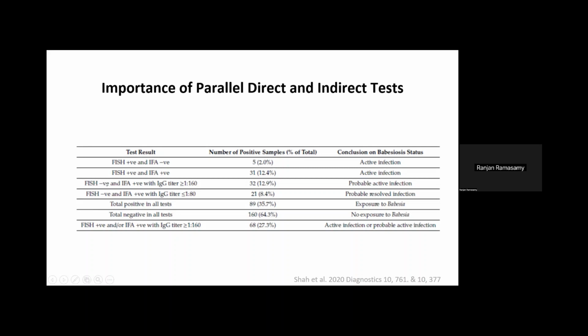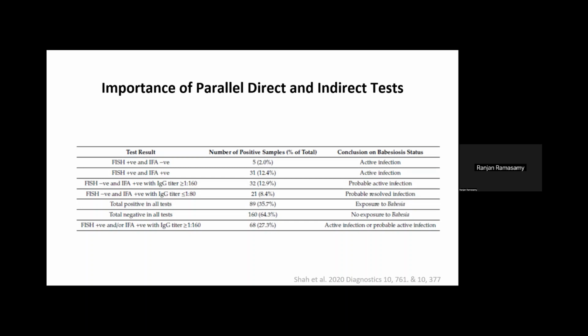FISH negative and IFA positive with a low titer, we would interpret as probable resolved infection, and probable active infection in a high titer situation, even though they are FISH negative, because the parasites are present at very low concentrations or have disappeared from peripheral blood into deep tissues.